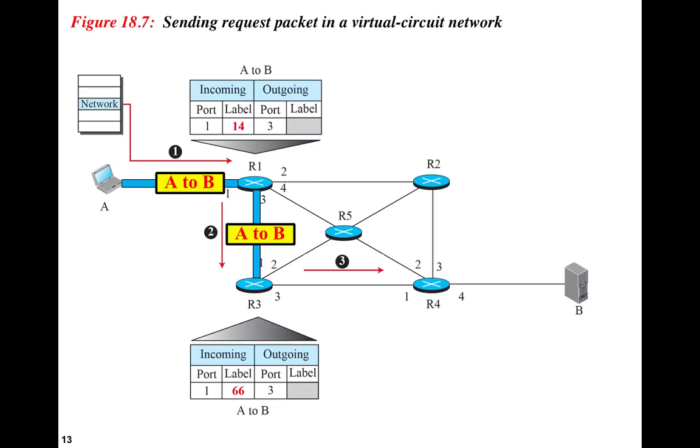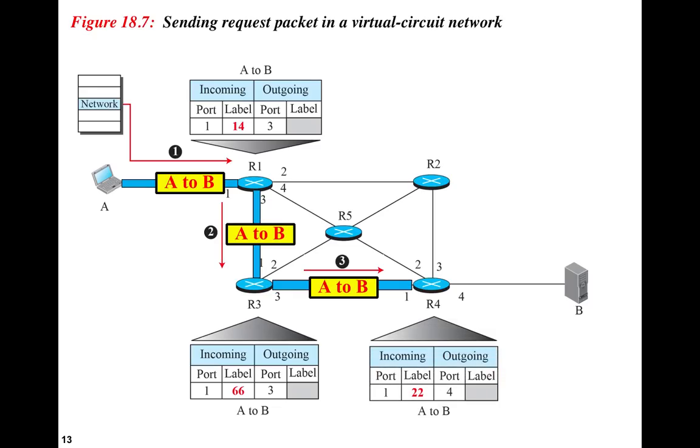From R3, it goes to R4. R4 looks at it and says there is a packet coming in from R3, and when this packet comes in, R4 will assign it a label 22 and then forward it to port number 4.